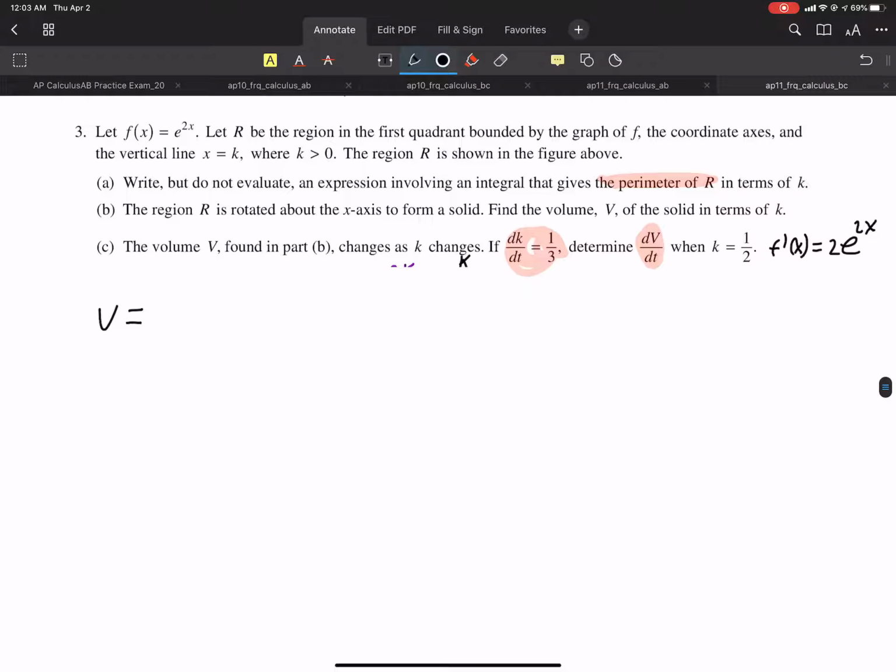Volume on the previous answer was pi over 4 e to the 4k minus pi over 4. So here is the deal. We know the rate at which k changes, and we want the rate at which v changes in respect to t.